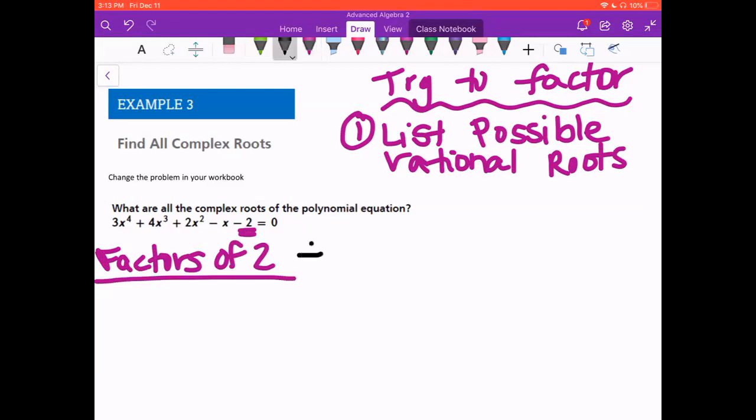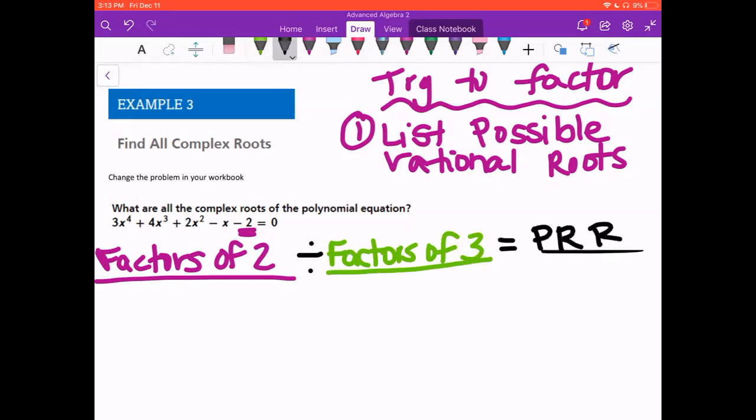I'm going to divide them by the factors of 3. And that's going to equal my possible rational roots. Okay, so factors of 2 are 1 and 2, so plus or minus 1, plus or minus 2.